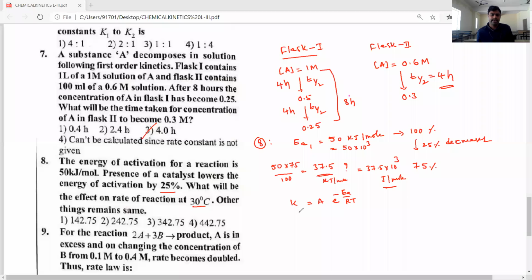From this, K1 by K2 is equal to e to the power of minus 50 plus 37.5, into 10 to the power of 3, by RT.